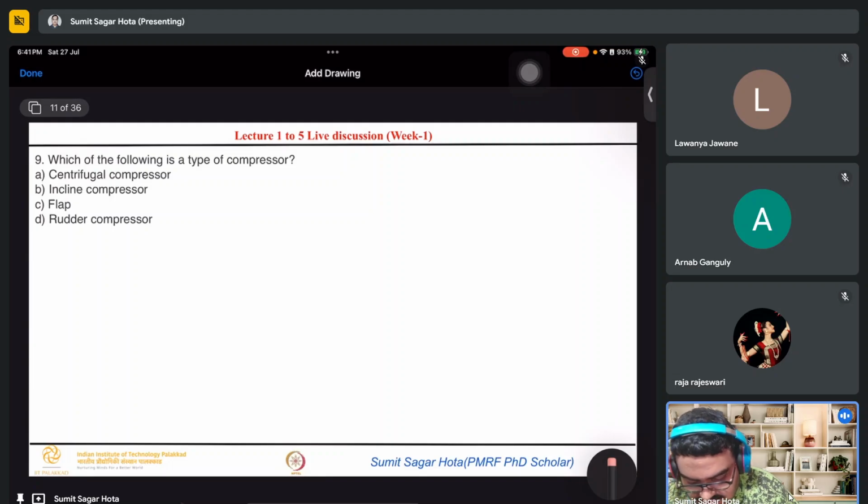Which of the following is a type of compressor? Okay. So there is only one type which is correct here. The others are not types, they are wrong options. Obviously there is no incline compressor. There is no flap, there is no rudder compressor. So centrifugal compressor is the right answer.